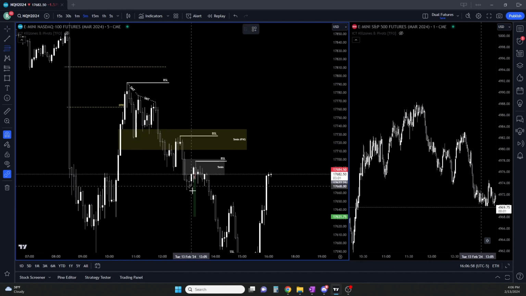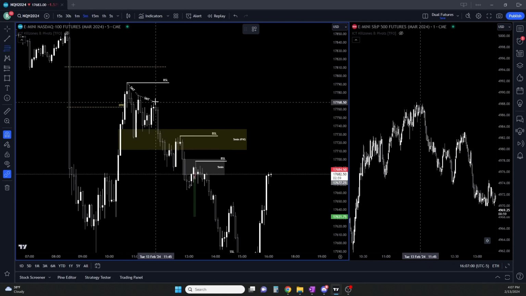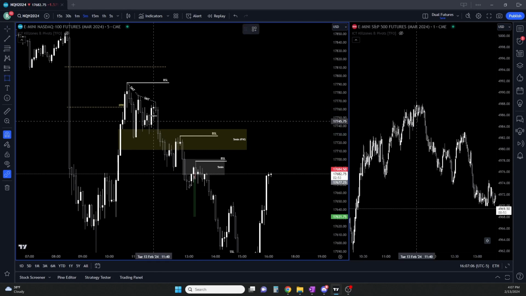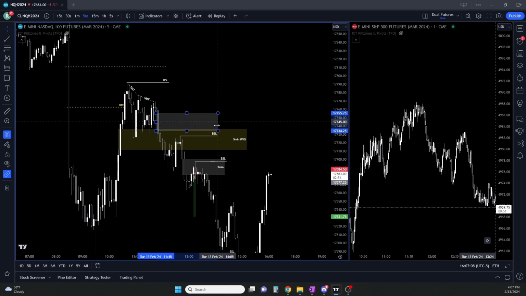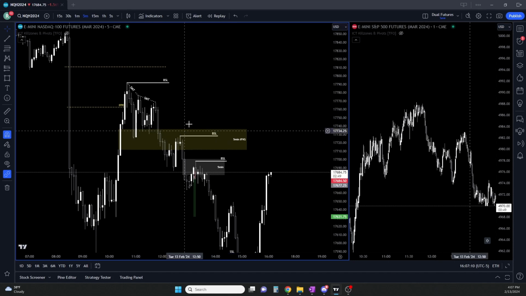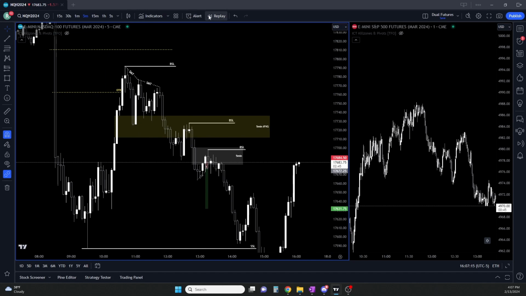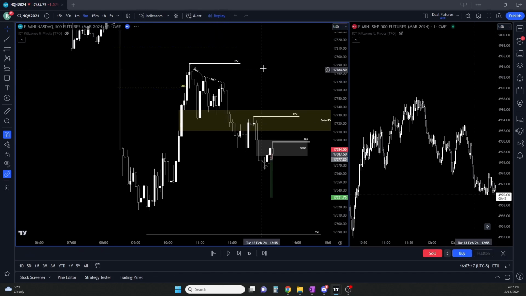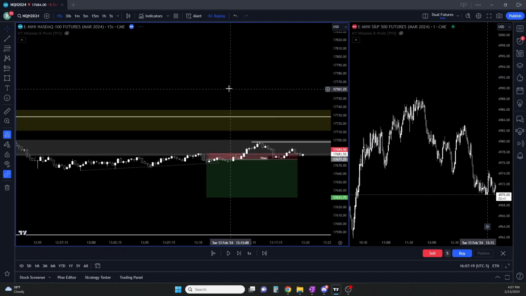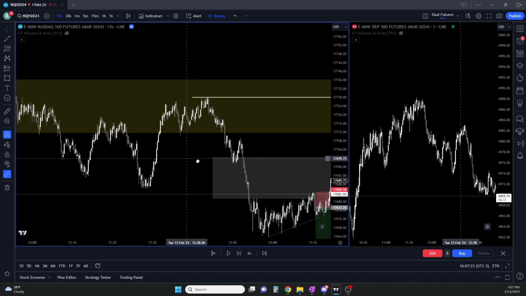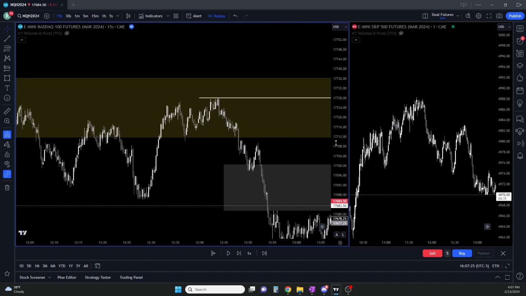This was the start of the sell side of the curve, and I was looking for us to realistically come up into this 5-minute fair value gap, which was in OTE of the range of this price leg. But we ended up holding this as inverse, and we ended up having a pretty decent model here.